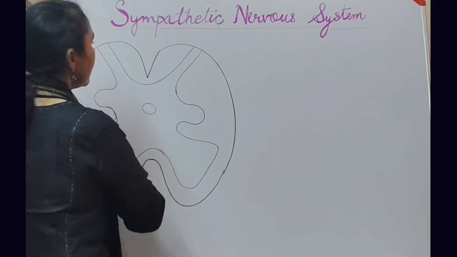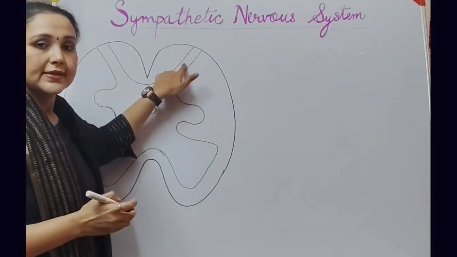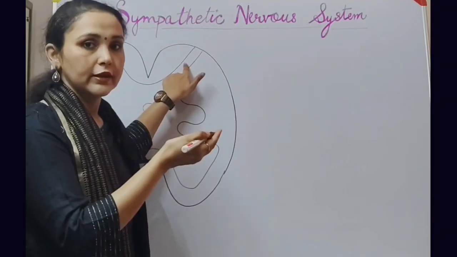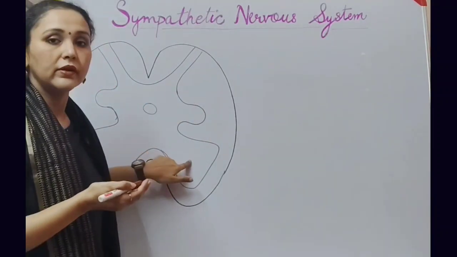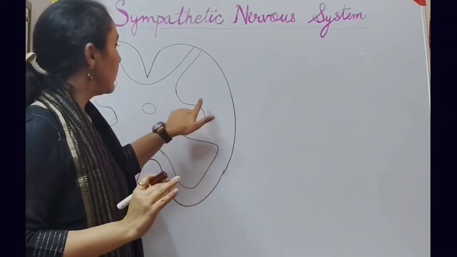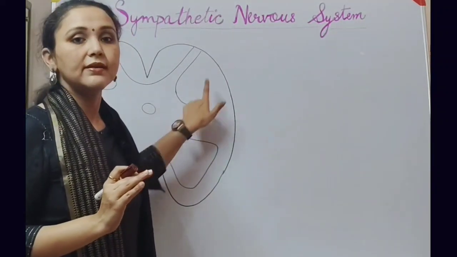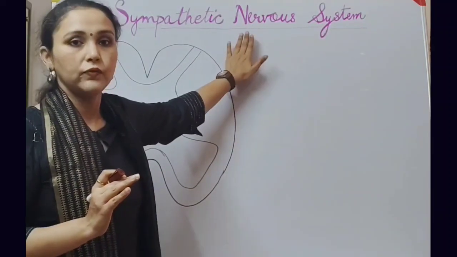And we have a central canal in the center. Now, this is a dorsal gray horn because it is directed posteriorly. This is the ventral gray horn, and only in T1 to L2 segments we have the lateral gray horn. This lateral gray horn is basically responsible for the sympathetic outflow.